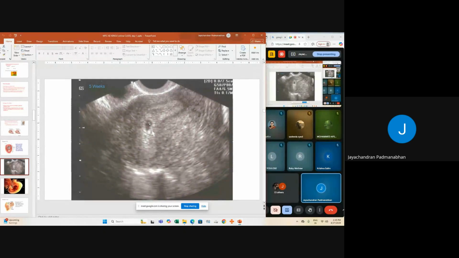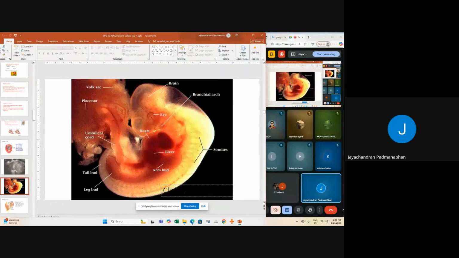While scanning, you can see just a spot, but you should understand all this: the brain, lungs, all these organs start growing, start functioning. That is why the child is learning from the mother's womb.